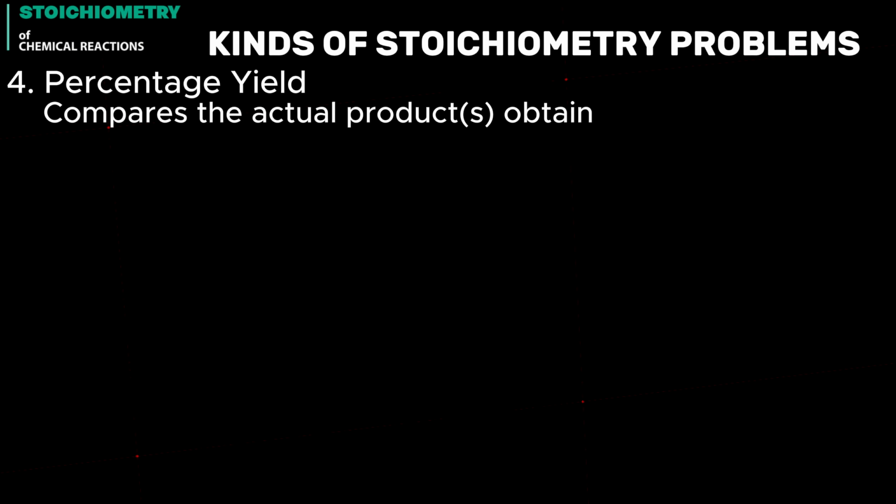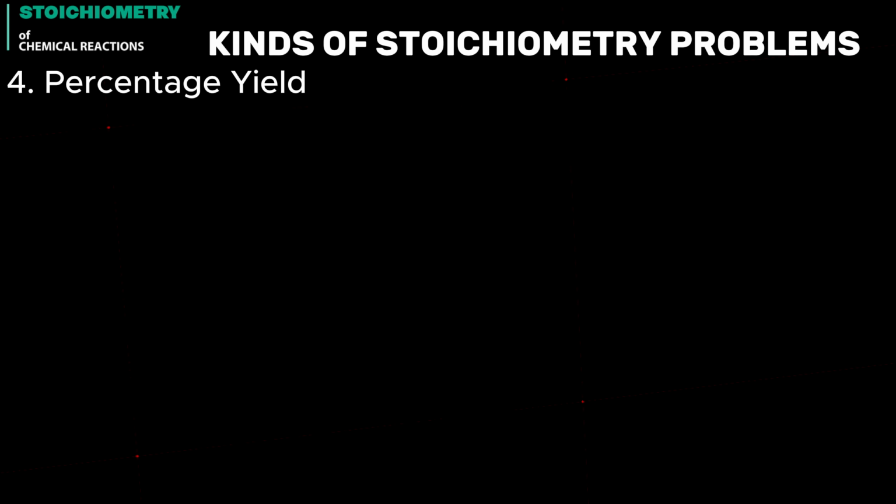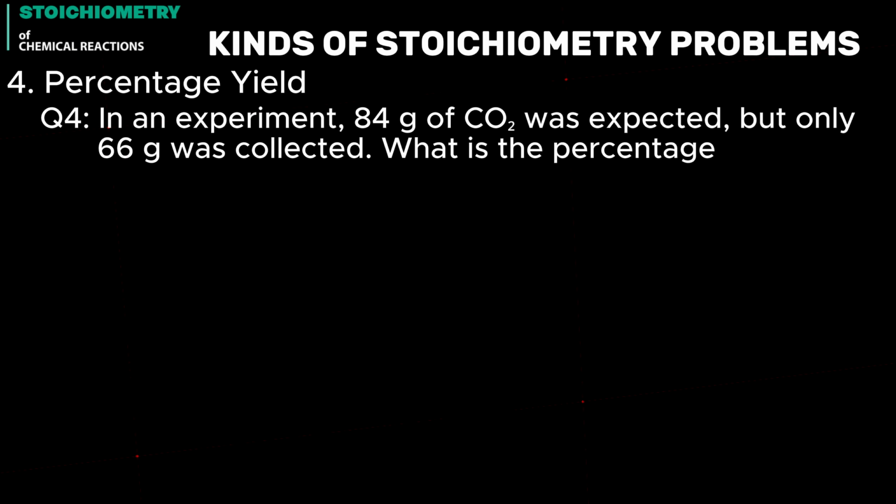This compares the actual product obtained with the theoretical maximum yield predicted. We can illustrate that with a question. Question number 4. In an experiment, 84 grams of carbon dioxide was expected, but only 66 grams was collected. What is the percentage yield?